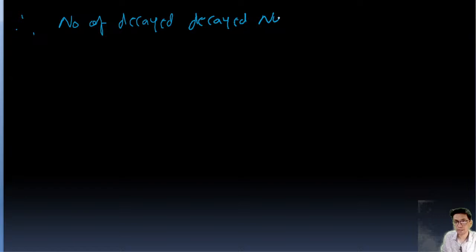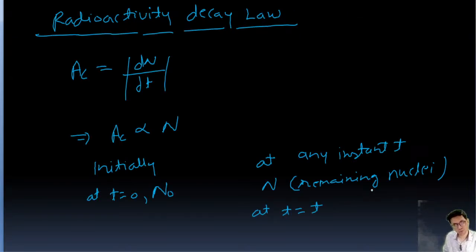Therefore, the number of decayed nuclei will be N0 minus N, because N is the number of remaining nuclei after decay and N0 is the initial number of nuclei.